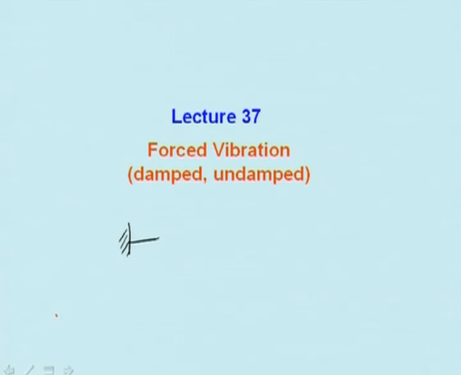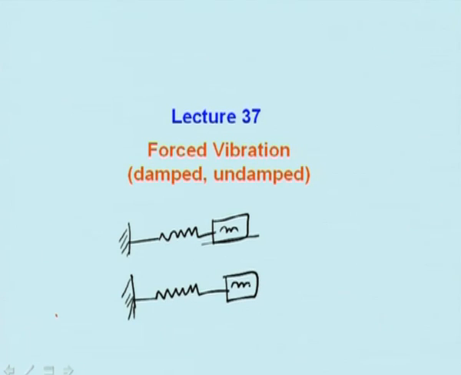This is a spring mass system. That problem we have studied, and then another model was that in which we attached a dashpot. We attach a dashpot here and we put it like this.